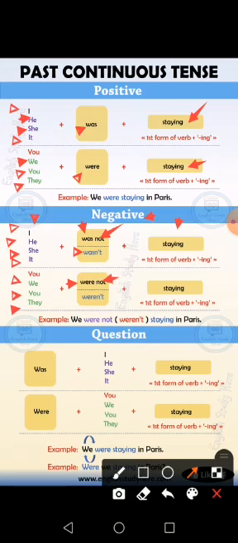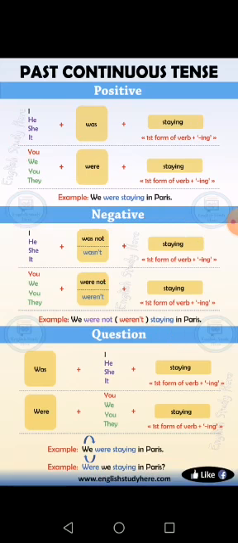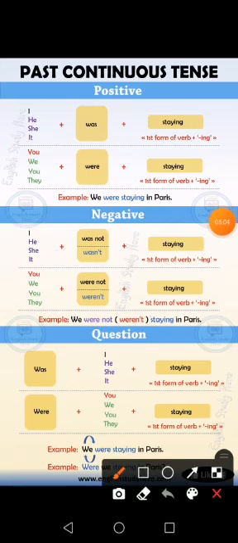We add not: were not, and we add ing. We were not, or weren't to shorten it, staying in Paris, okay? For example, you were not eating the apples, or I was not studying very hard. So to make the sentence negative, we add not: was not or were not, okay, student?